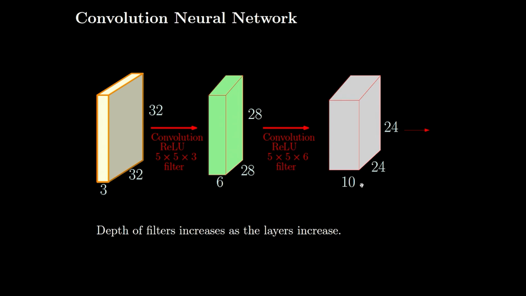Therefore, the output obtained is 24 cross 24 cross 10 and so on. The key thing to note here is that the only parameters that need to be learnt during training are these 5 cross 5 cross 3 filters and 5 cross 5 cross 6 filters. Based on the number of filters that we have here, the complexity of the network increases. But this is much less than the complexity seen in the multilayer perceptron.